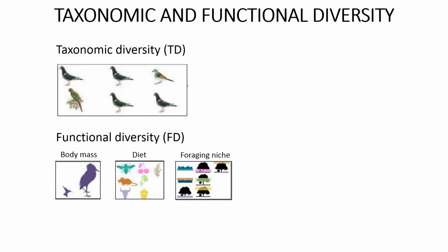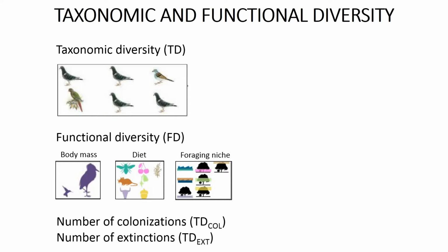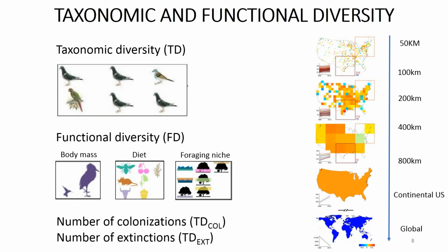In this study, they used body mass, diet, and foraging niche, and they also investigated the number of new species that colonize or the number of species that disappear or go extinct locally. They investigated different scales from local to continental, United States, and global.